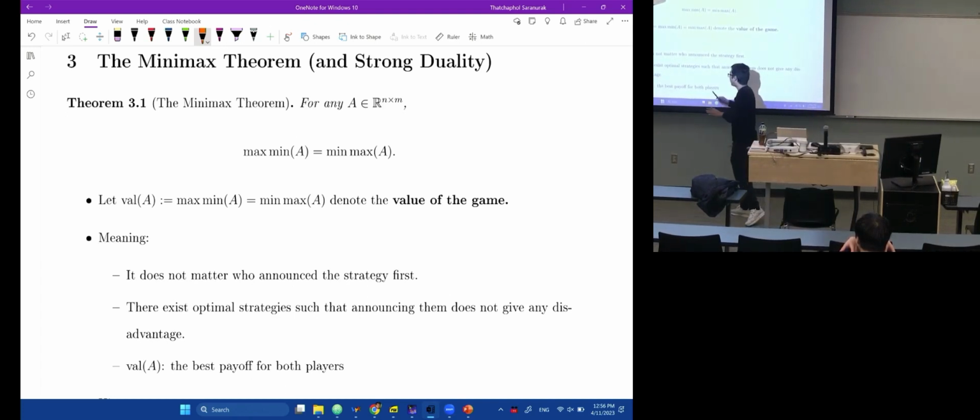And the best payoff of both players, you can determine it. It's just the value of the game. As long as both players are rational, right? If they are not stupid, no matter what, the payoff will be the value of the game, if they both want to minimize and maximize.